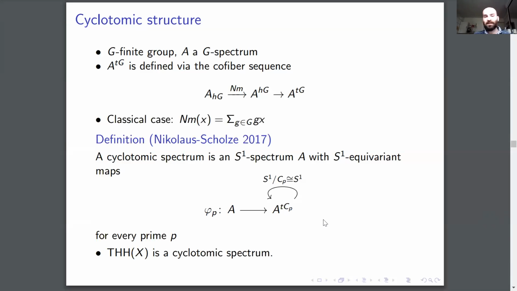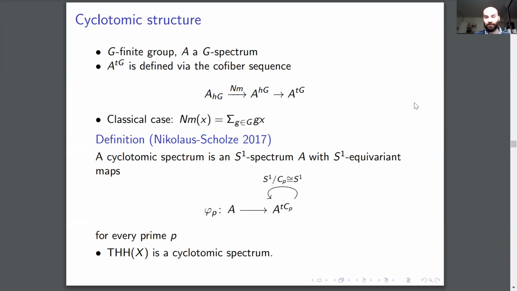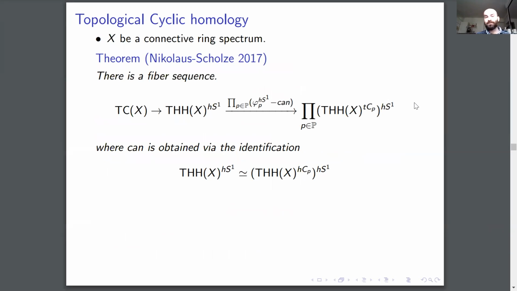And the big thing is that the reason we care about this in the first place is that THH of X is a cyclotomic spectrum, which allows us to define what topological cyclic homology means. So this is a theorem, but you can take this as the new definition of topological cyclic homology.